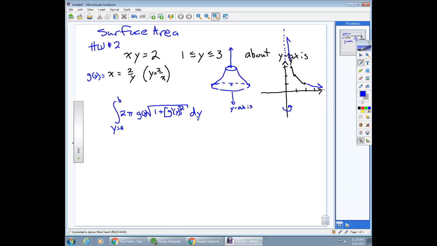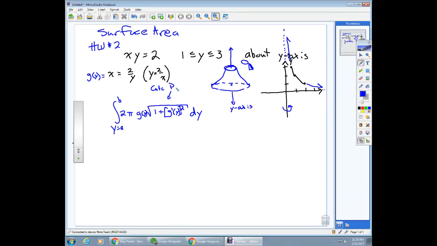And what helps me remember it again is this right here is 2 pi r. That gives me my revolving. And then a frustum, or part of a cone, are basically these little triangles that are getting revolved. And that slant edge is a chunk of the Pythagorean theorem. And that's the calculus version of the Pythagorean theorem.